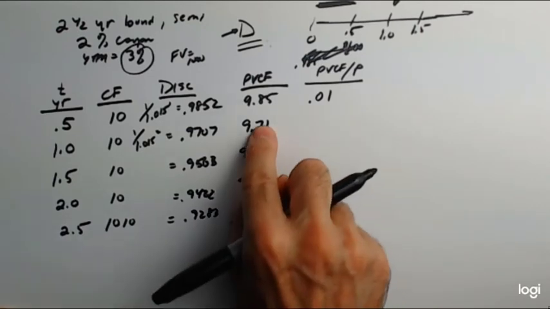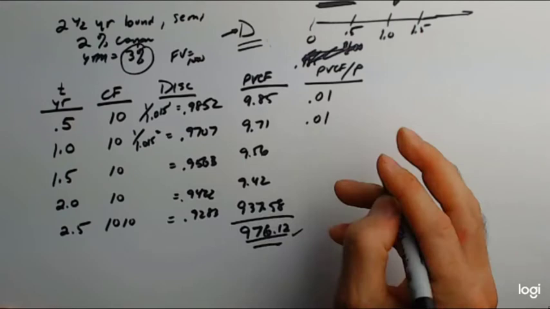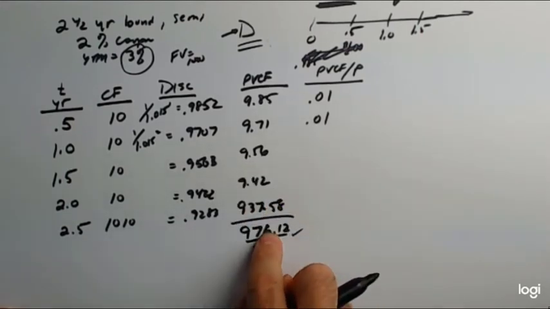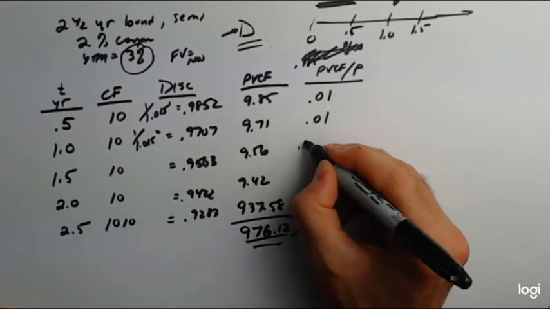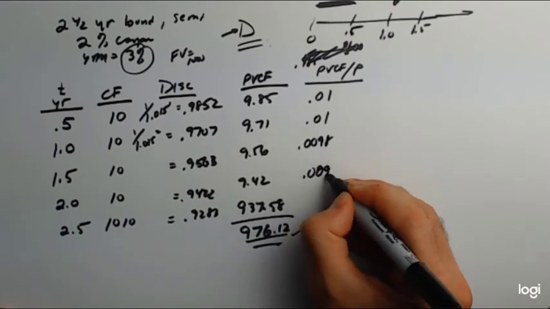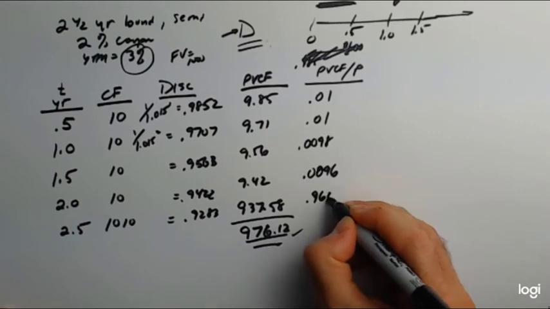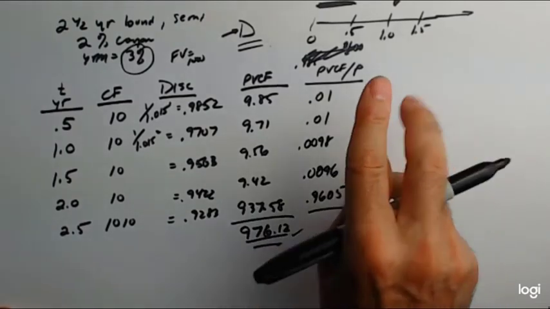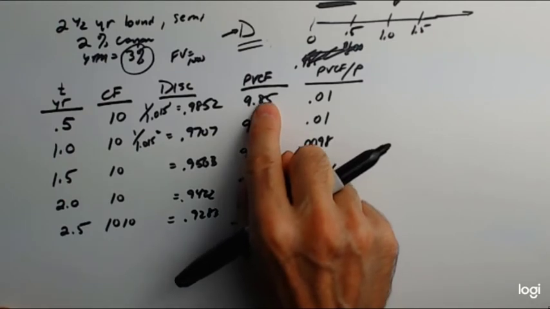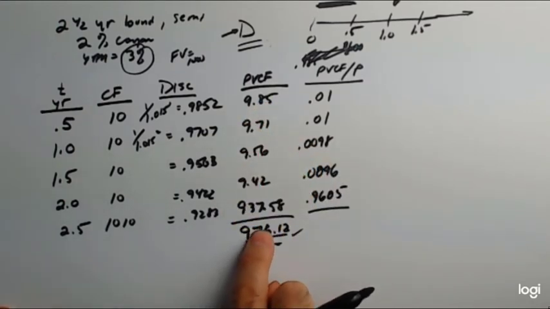And then 9.71 divided by 976, it's about 0.01. 956 divided by 976, you get the pattern here. The way to interpret this is this cash flow represents about 1% of the entire cash flow of the bond in present value terms.